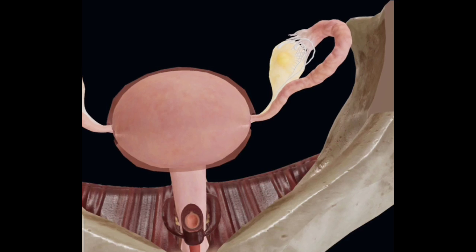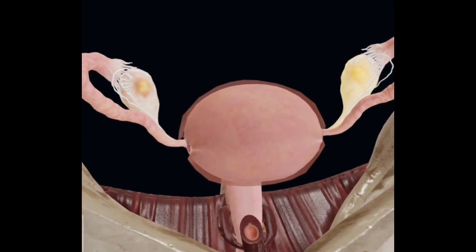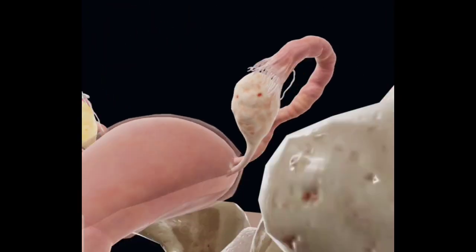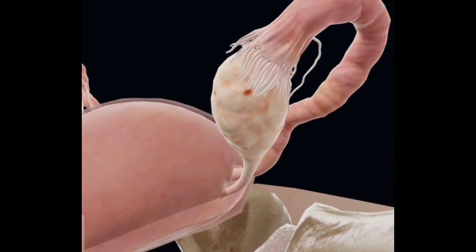The eggs are formed by the ovaries. Not only that, but ovaries also secrete hormones, estrogen and progesterone. Therefore, ovaries are also considered to be endocrine glands. As you can see, these are the ovaries.